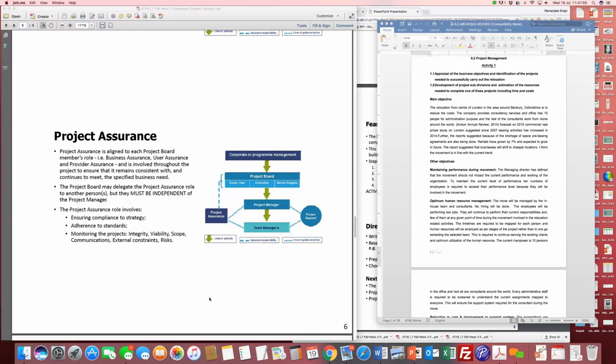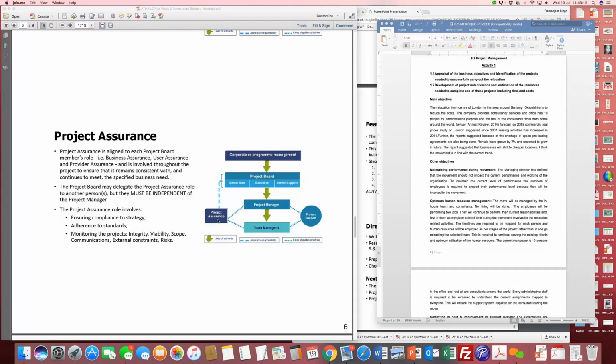And that person is an independent person, and that's why these dotted lines. He is a functional member of the project management team, but he indirectly also reports to the project board at the senior level. He does not directly report to the project manager.